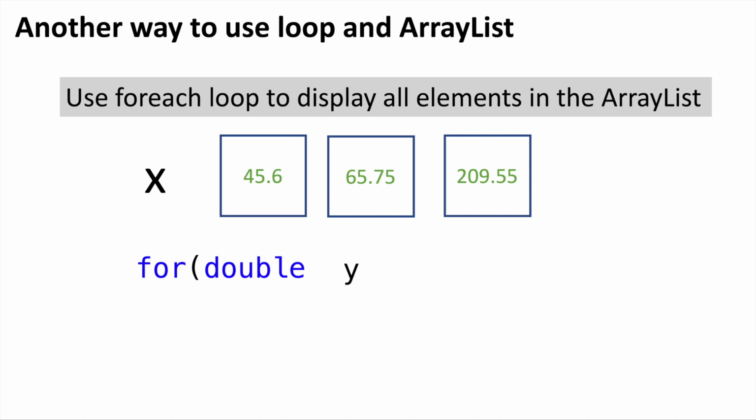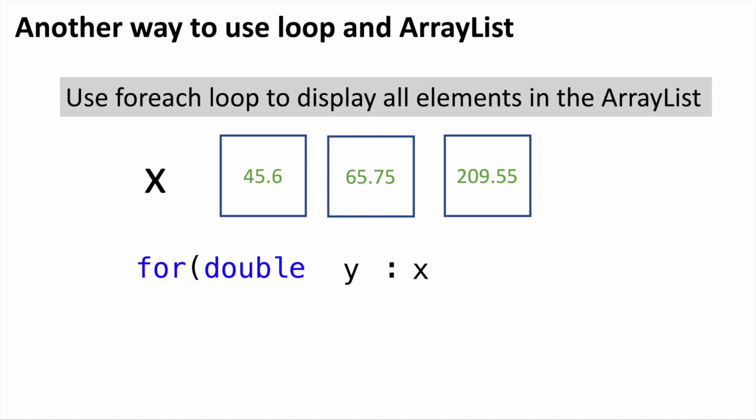It will continue through the elements. So this value of y keeps changing, and x is our whole data, the whole array list. So for every element in that array list, we will do some processing.